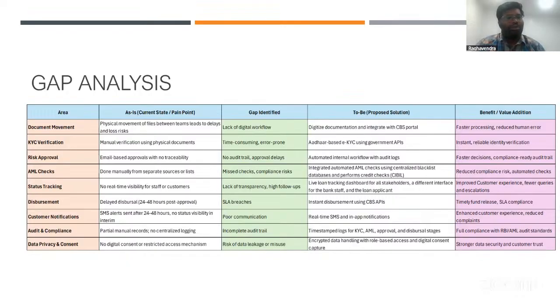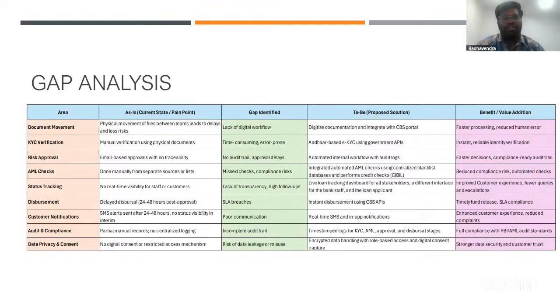And one more key aspect is data and consent. The customer does give the documents, but doesn't give consent to use the same document elsewhere. The gap we identified is that there's a risk of leaking the data to external parties, which threatens both the banking system as well as the customer.